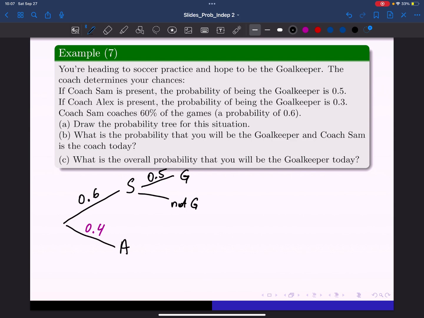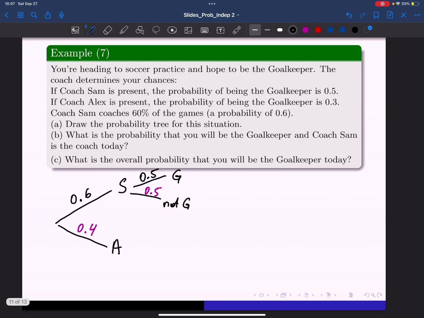Coach Sam is present, and then you are goalkeeper with 0.5. Both of them need to add up to 1, so this is 0.5 and this needs to be 0.5 as well.